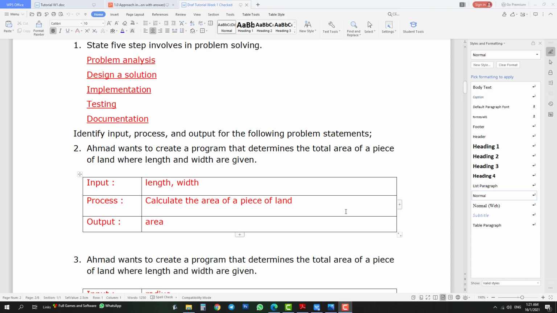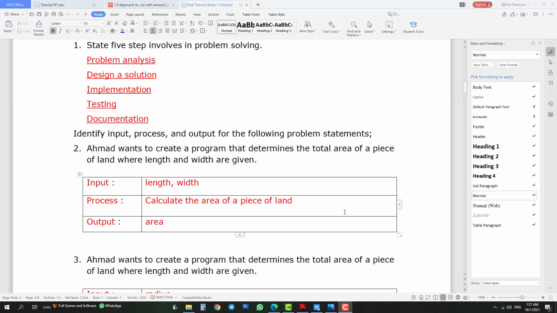The question wants to calculate the area, so the output is area. And the input to calculate the area will be the length and width. So the process is to calculate the area of a piece of land.